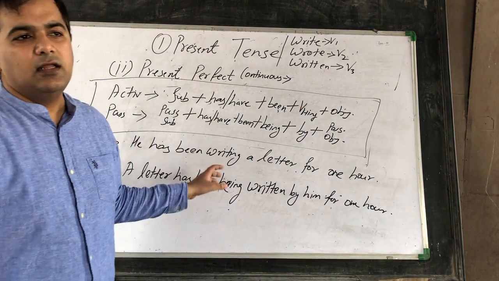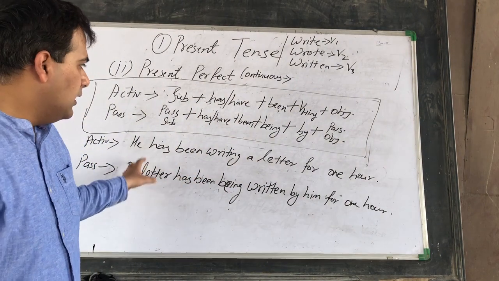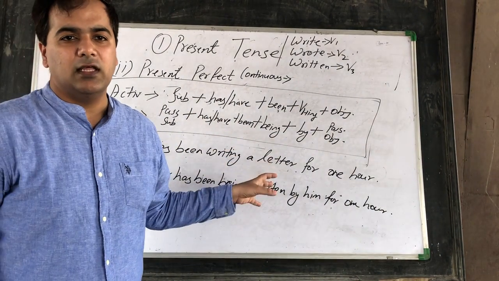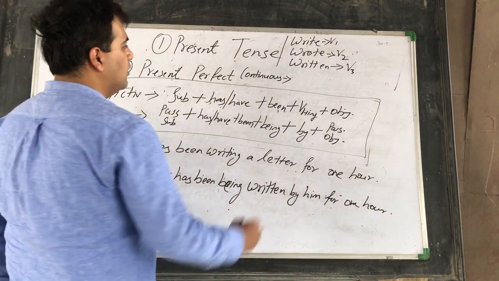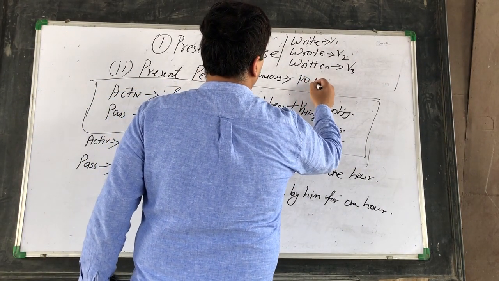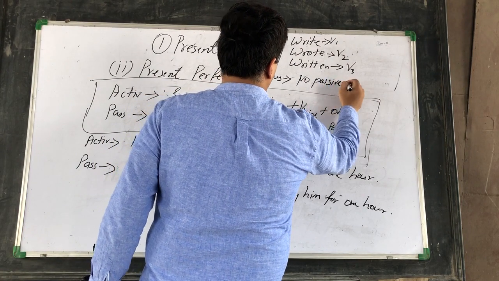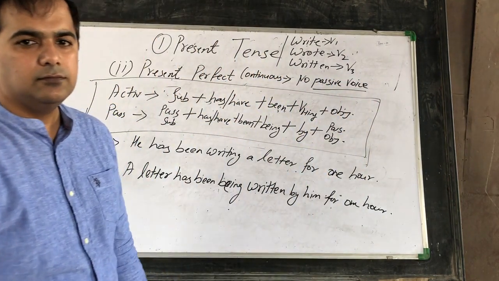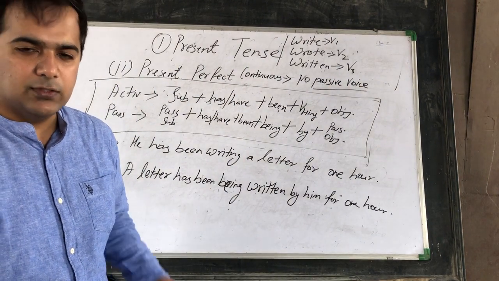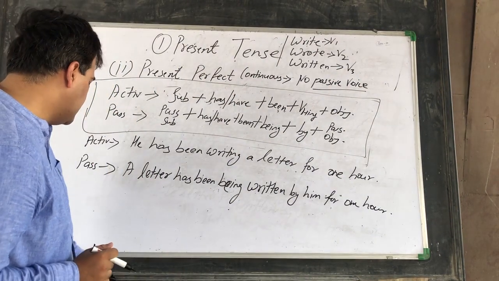You see, grammatically we have done no mistake, but in modern usage of English, this is not recommended. So that's why there will be no passive voice of this tense. Fine, so there will be no passive voice of this tense.